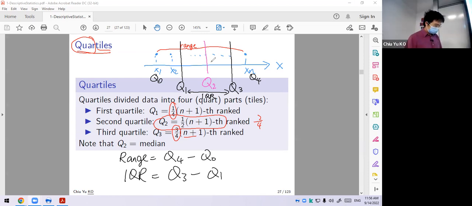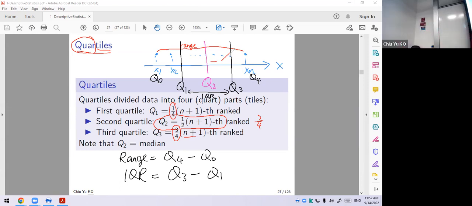But the tricky part is how to define this unambiguously. Q2 has no problem.